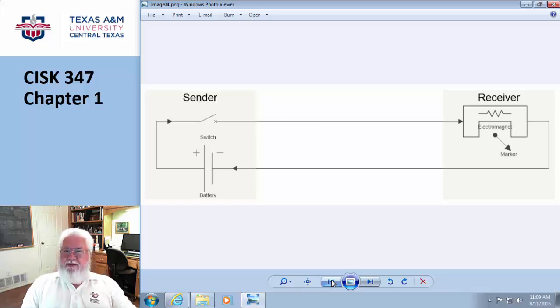Okay, page 10, the next one is switching. So we did the telegraph, we did multiplexing, now we're doing switching. Switching basically says that one wire can go many places. That makes sense, doesn't it? If I wanted a wire for my conversation from, let's say, Washington, D.C. to St. Louis, I'd have one wire.